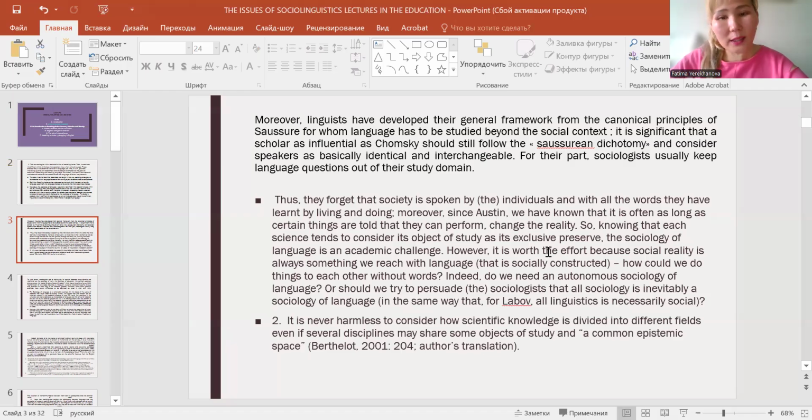We have also Austin, and how they see sociolinguistics as a branch of linguistics, because we have other branches of linguistics also, like cultural linguistics, ethnolinguistics, anthropology, sociolinguistics, linguoculturology, applied linguistics, general linguistics, etc. We have a lot of branches of linguistics, and this is how the authors or researchers see this concept.